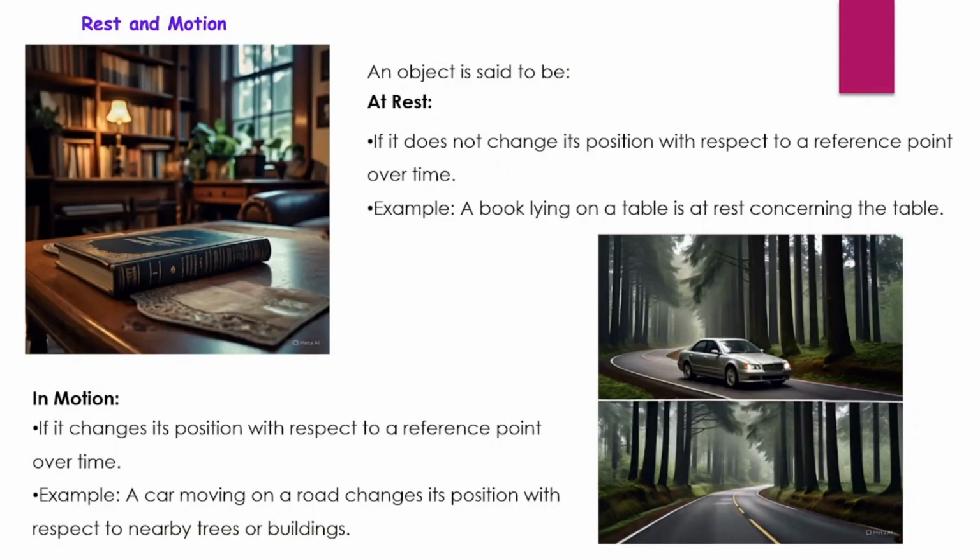Okay, next comes another topic, rest and motion. We say that an object is said to be at rest when it does not change its position, isn't it? That is when we say that that object is at rest. So with respect to time or a reference point, if an object is not moving, then we say that that object is at rest.